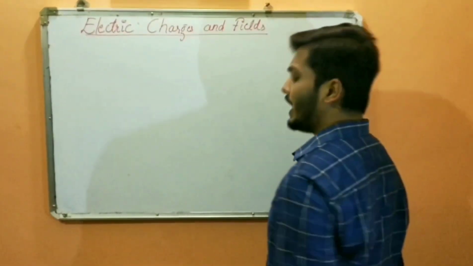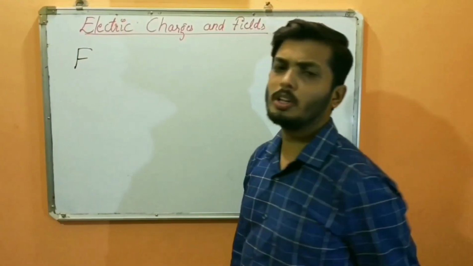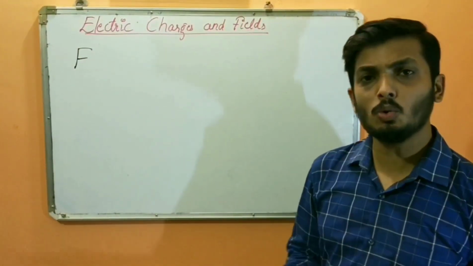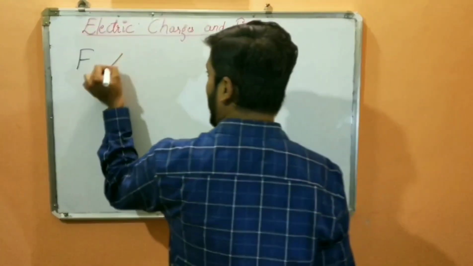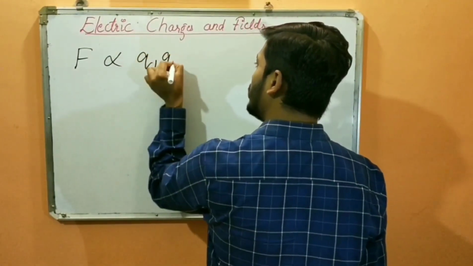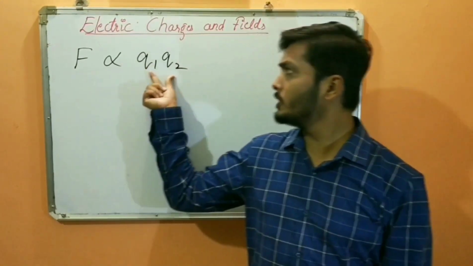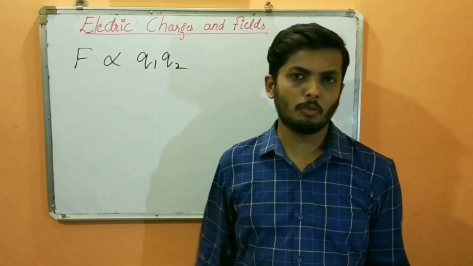Now you know that the force of repulsion, here I am using the word repulsion because I am considering two like charges, will be directly proportional to the product of the magnitudes of the two charges. So this repulsive force depends upon the product of the magnitudes of two charges.